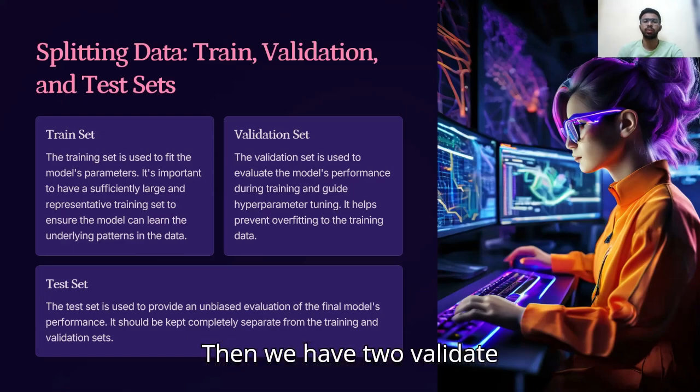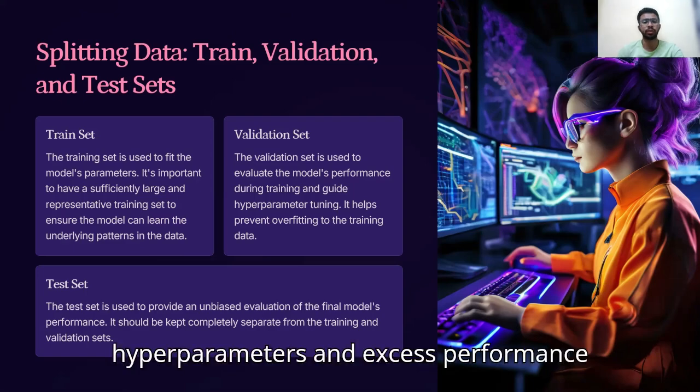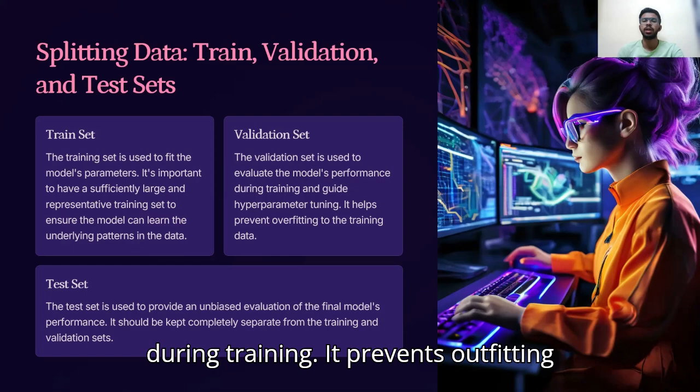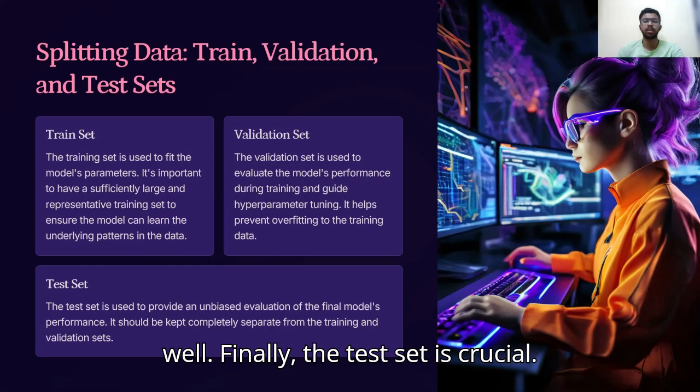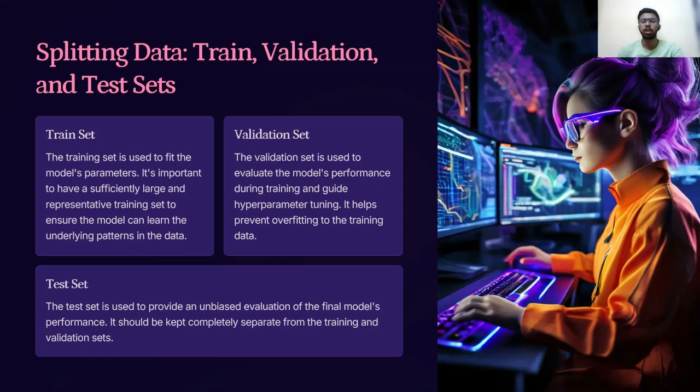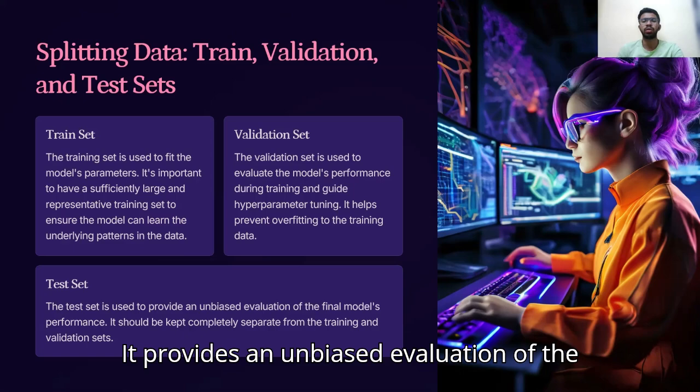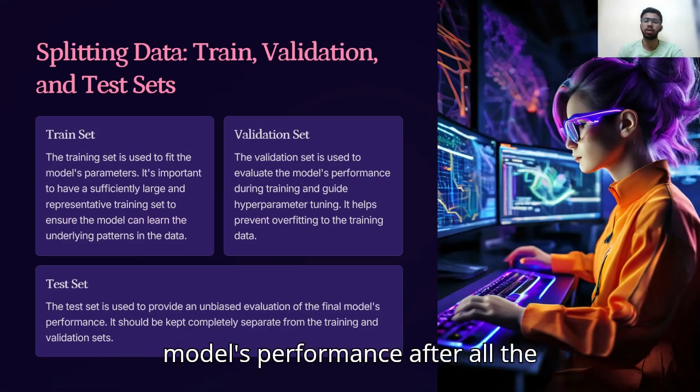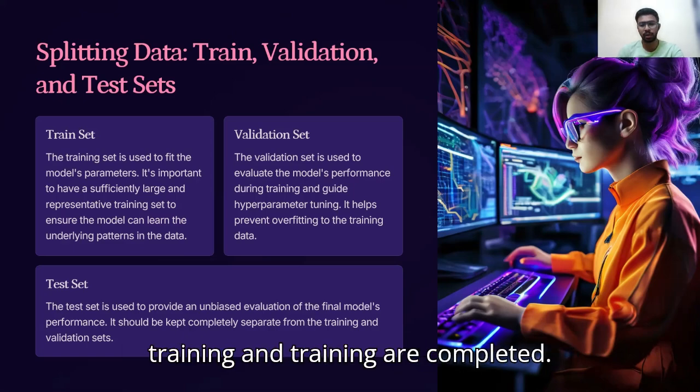Then we have the validation set, which helps us to tune hyperparameters and assess performance during training. It prevents overfitting by ensuring the model generalizes well. Finally, the test set is crucial. It provides an unbiased evaluation of the model's performance after all the training and tuning are completed.